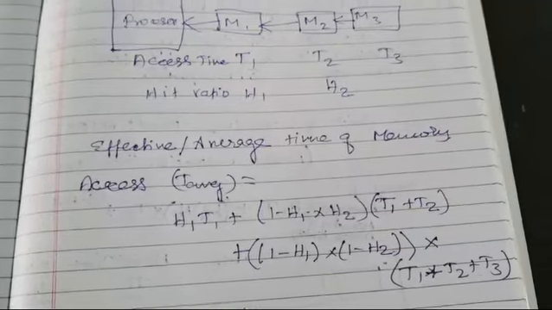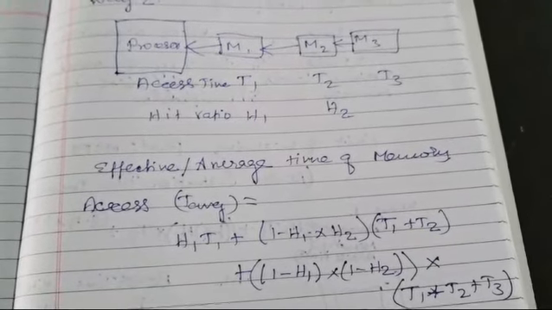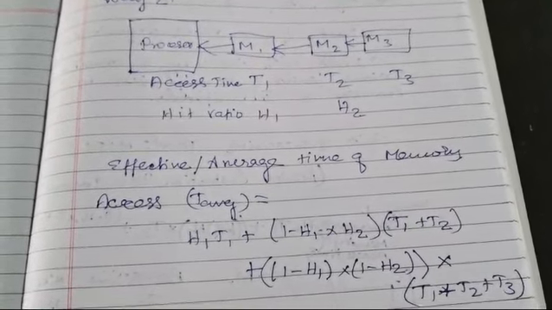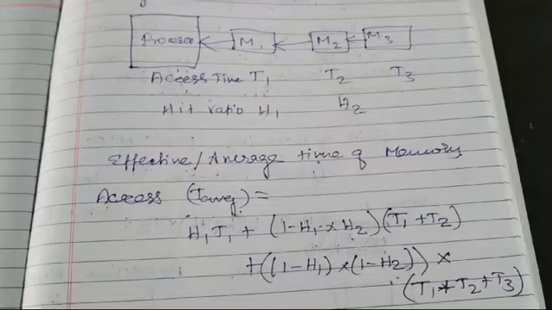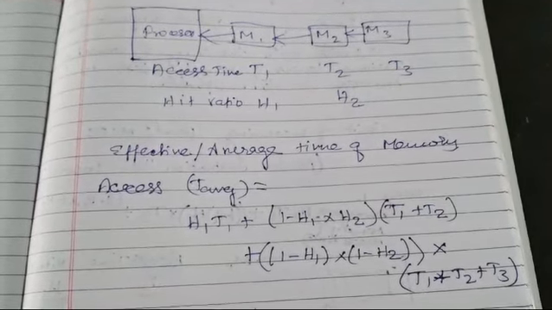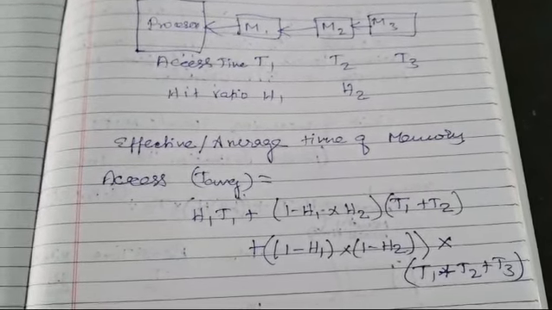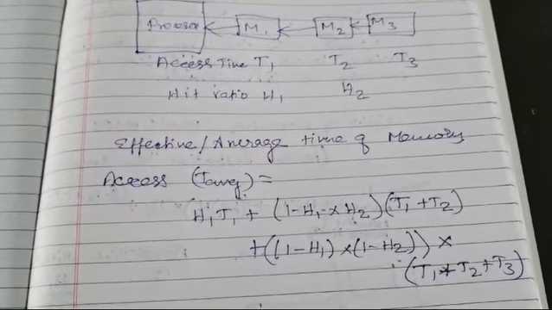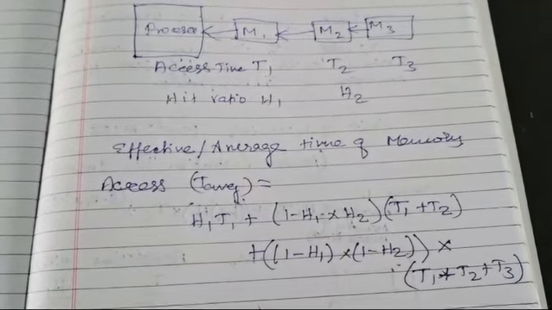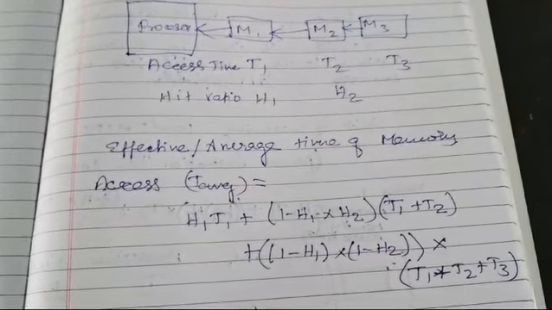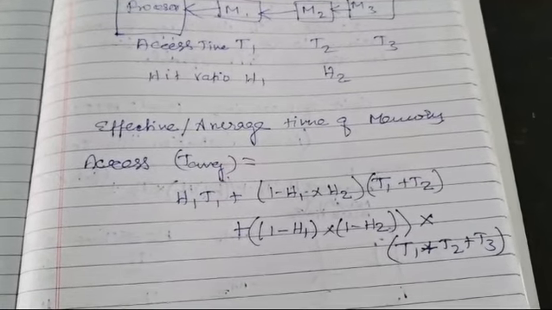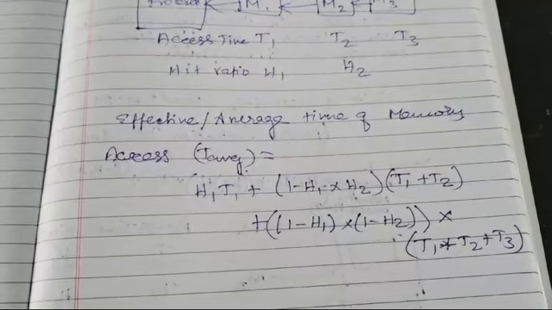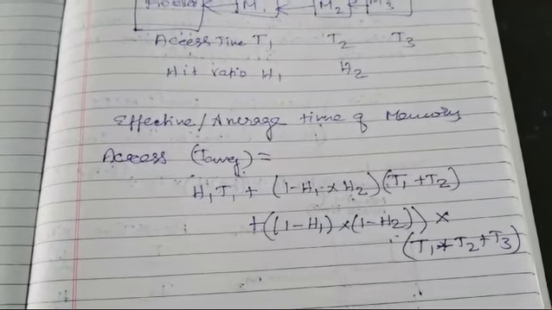Likewise, 1 minus H1, which means not hit, multiplied by H2, and also multiplied by the access times T1 and T2. Likewise, this formula goes on, and the same previous formula we can apply here also.